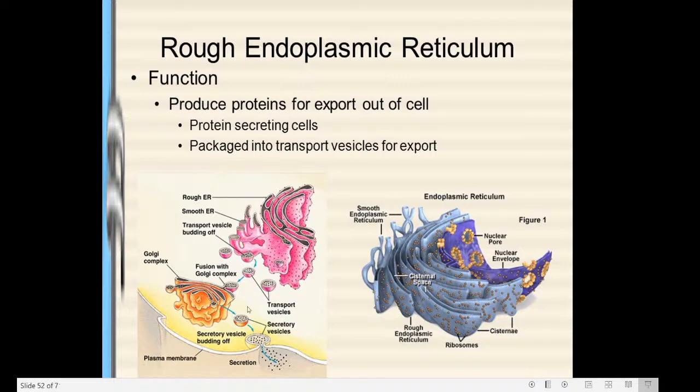Here you can see the transport vesicles and secreted vesicles. The transport vesicles are attached to a particular region of the endoplasmic reticulum. Here the secreted vesicles attach to the Golgi apparatus. You can see that the Golgi apparatus forms and releases them to the plasma membrane. This is a sequential process.